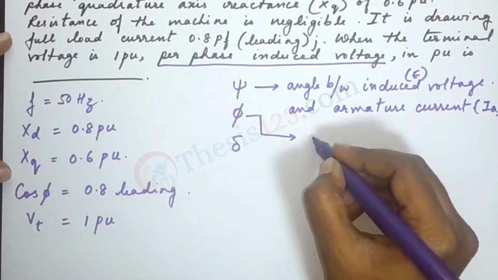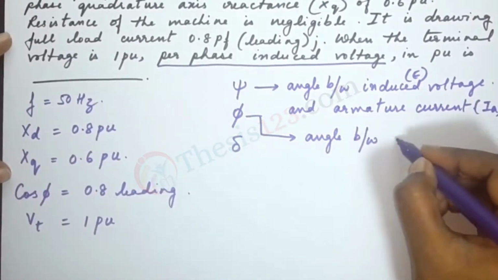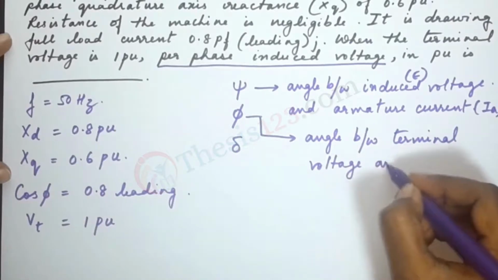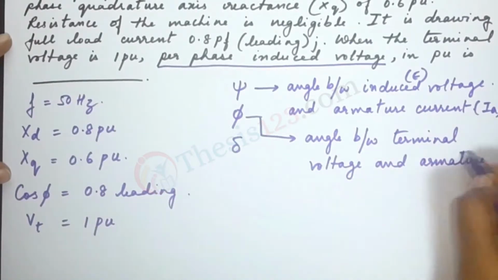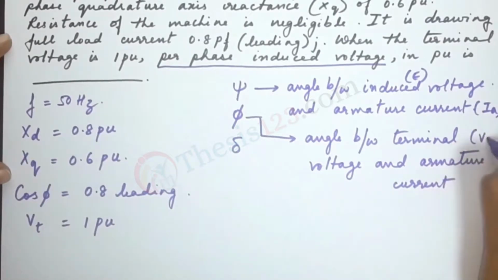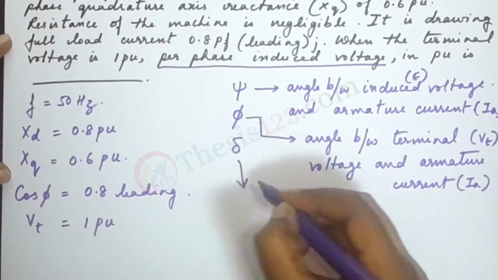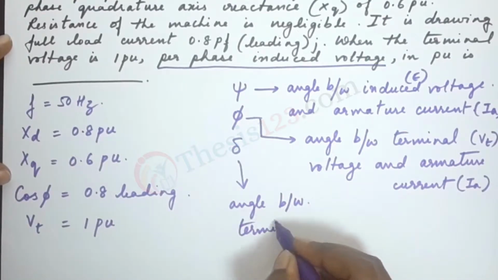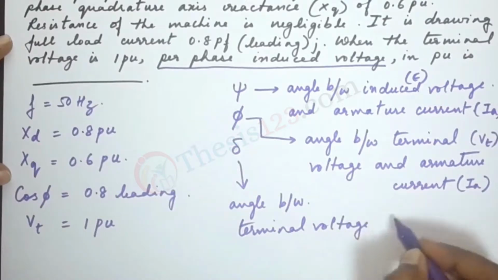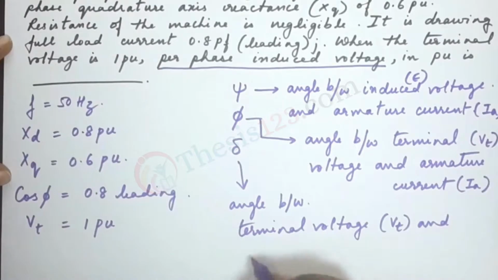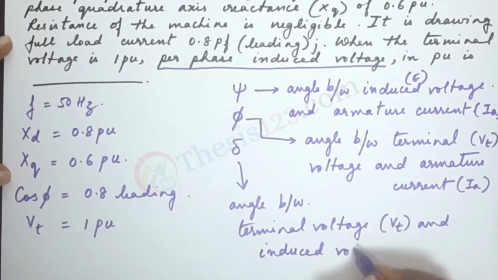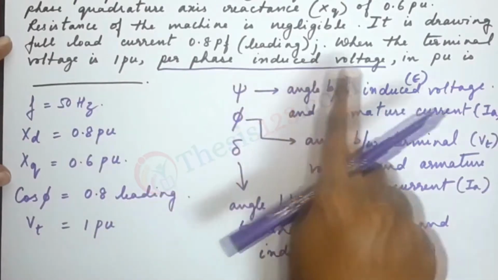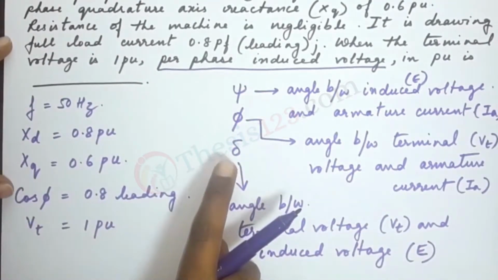Now the phi is the angle between terminal voltage and armature current, Vt and Ia, while delta is the angle between terminal voltage Vt and the induced voltage E. In order to find the per phase induced voltage, we are going to come across all of these three types of angles.